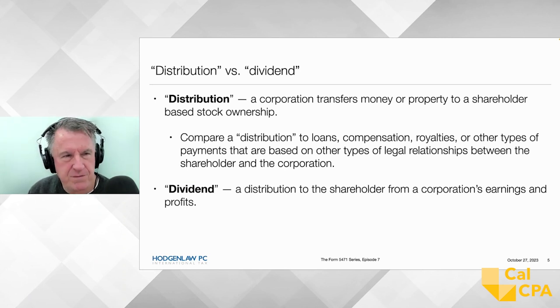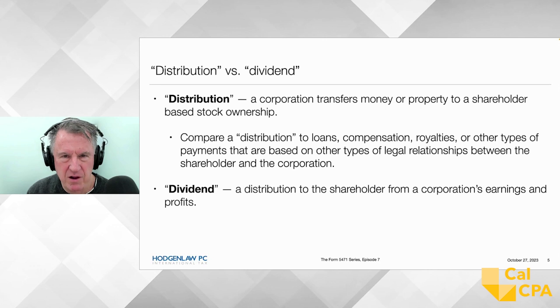Let's start first with the distinction between 2 words that are kind of used interchangeably, and yeah, I do the same thing: distribution versus a dividend. A distribution is when money or property comes out to a shareholder from a corporation because that person is a shareholder.